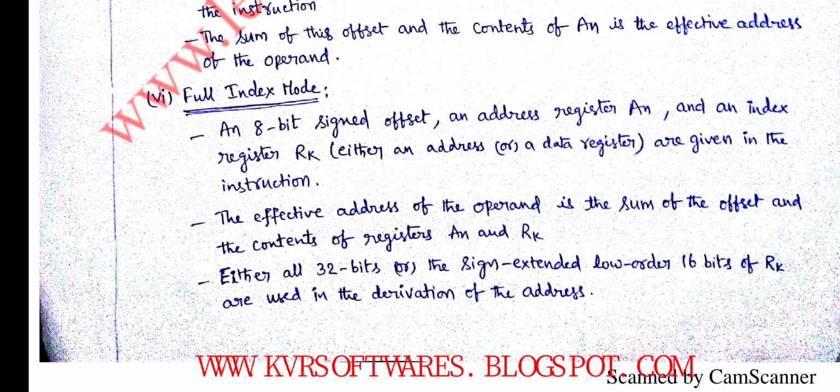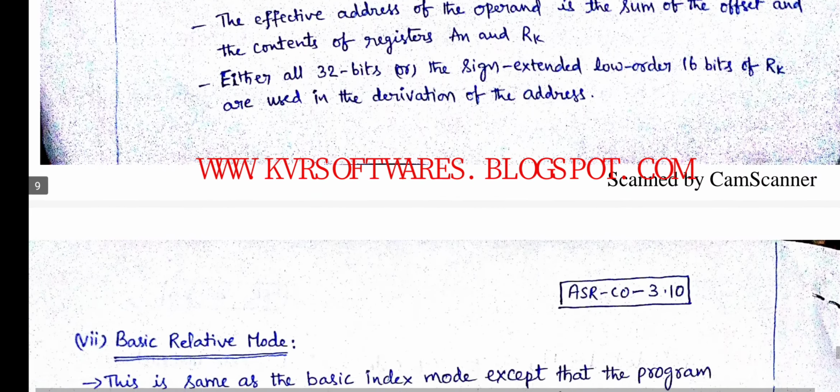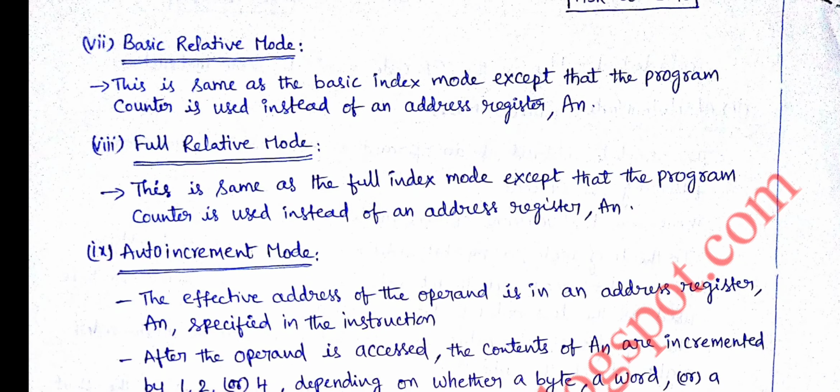The effective address of the operand is the sum of the offset and the contents of the registers An and Rk. Either all 32 bits or the sign extended lower order 16 bits of Rk are used in the derivation of the address.